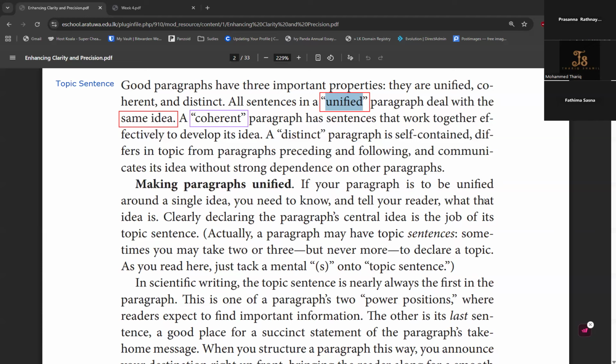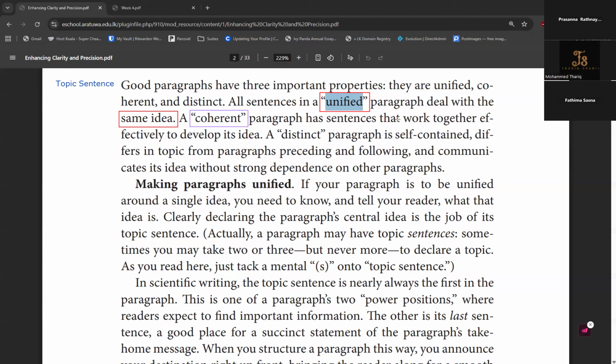All the sentences in a coherent paragraph present an idea collectively. Yes, very good. So it's simply about they work together, which means they are different sentences, starting from a capital letter and ending with a punctuation mark, but they are working to develop one idea presented in the topic sentence.